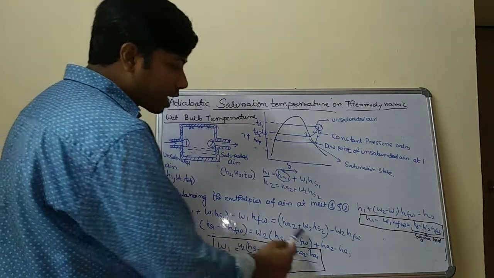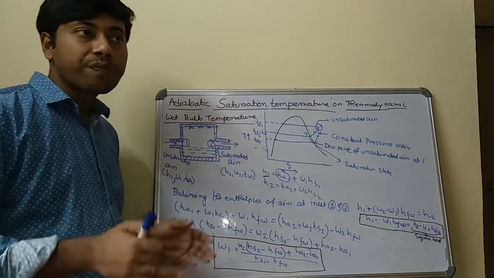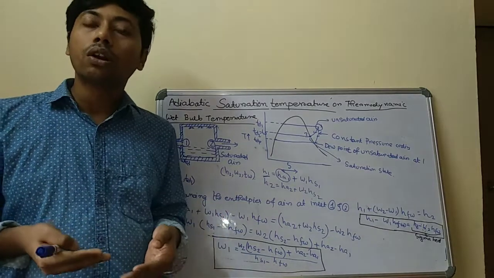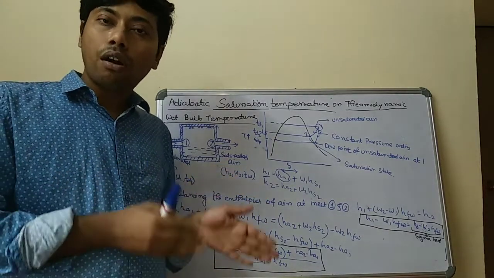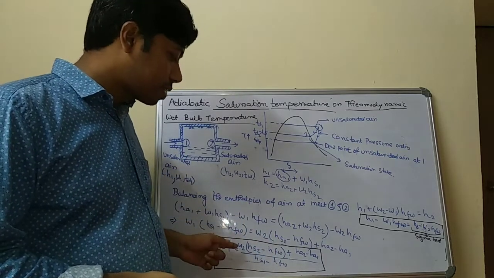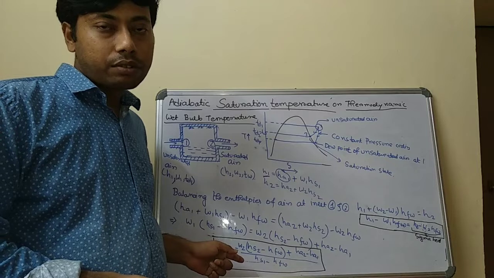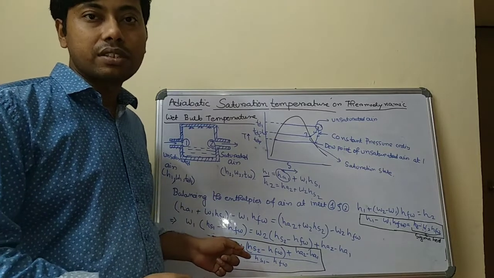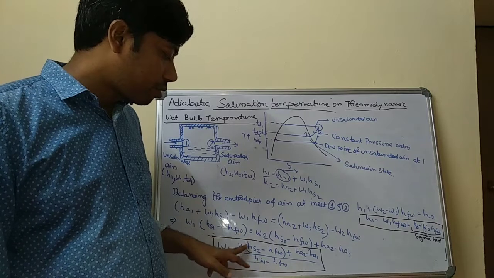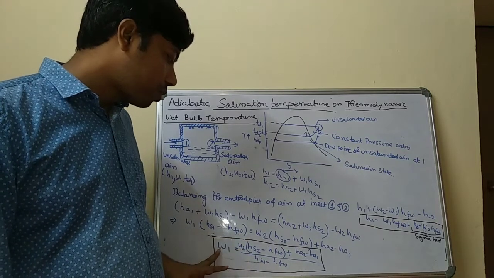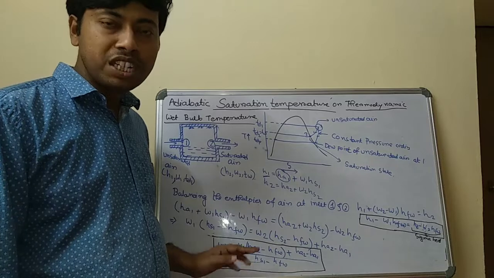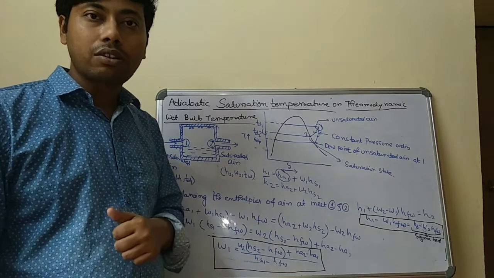This will be the expression to calculate the specific humidity at the inlet condition, or the specific humidity of the unsaturated air. In similar fashion, when the air is in a saturated state, if you know the values of W1, HS2, HFW, you can also calculate W2, the specific humidity at the exit conditions.